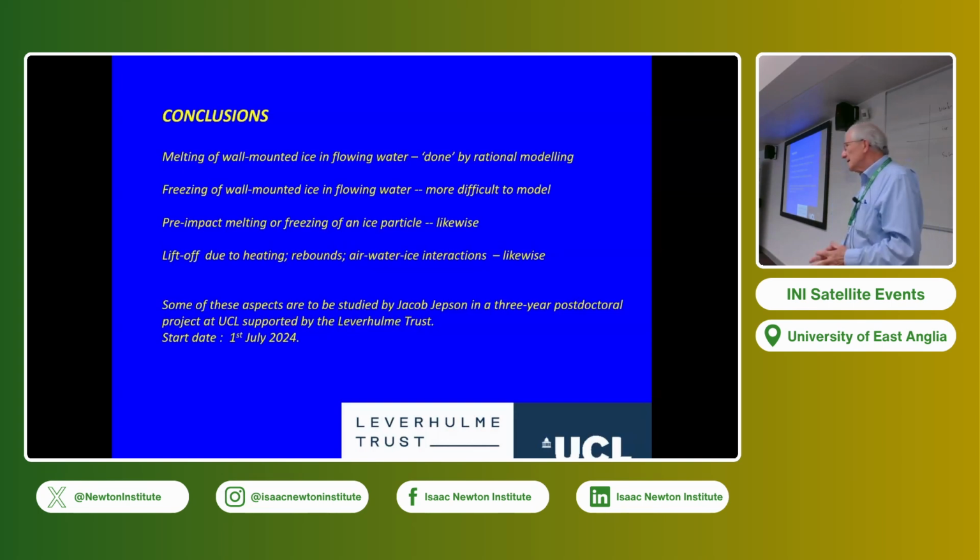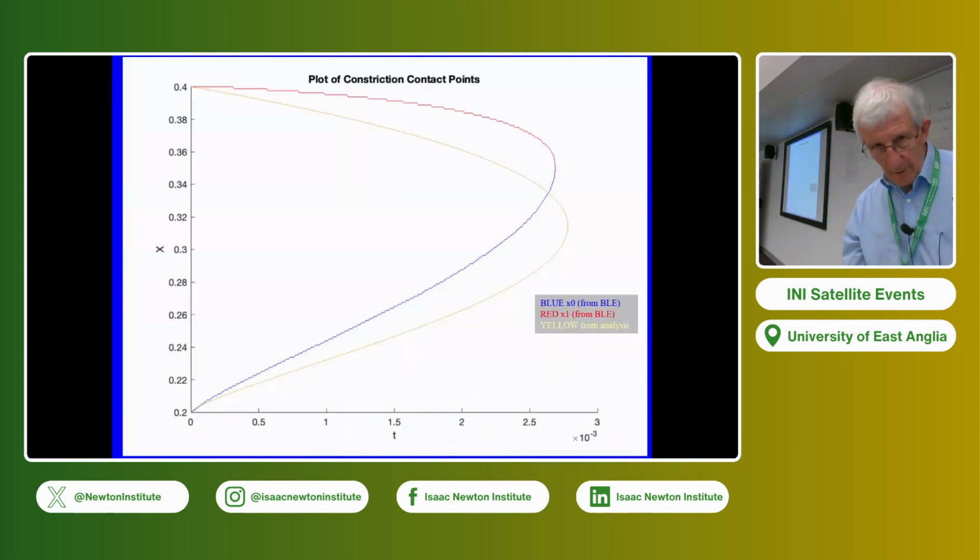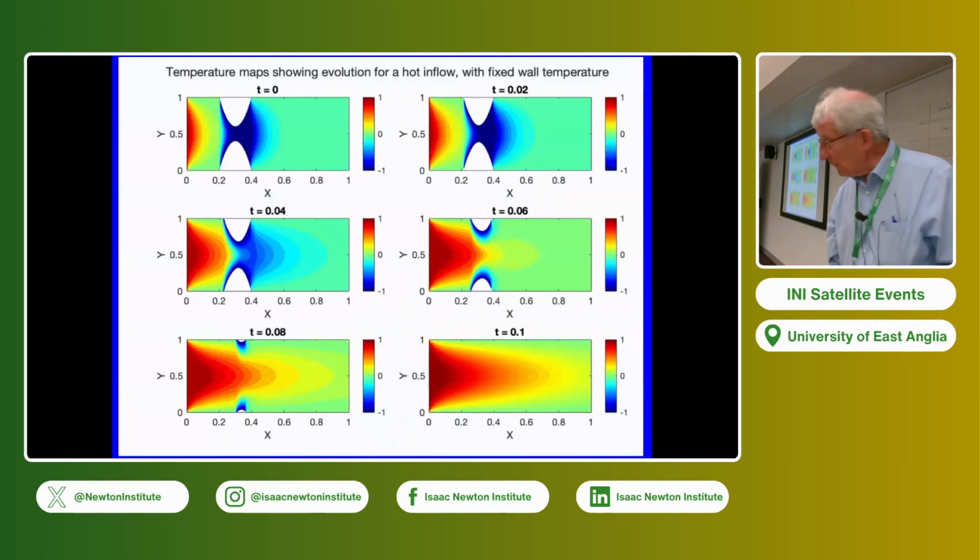Just wondering, in the numerical results you showed just a couple of slides ago, you had warm fluid coming from one side, but it seemed like the ice was melting symmetrically. It's not expected, because you have warm water coming on one side. I would expect it to be asymmetric from the left, no? Let me see if I can get it back. Here. You mean that one?